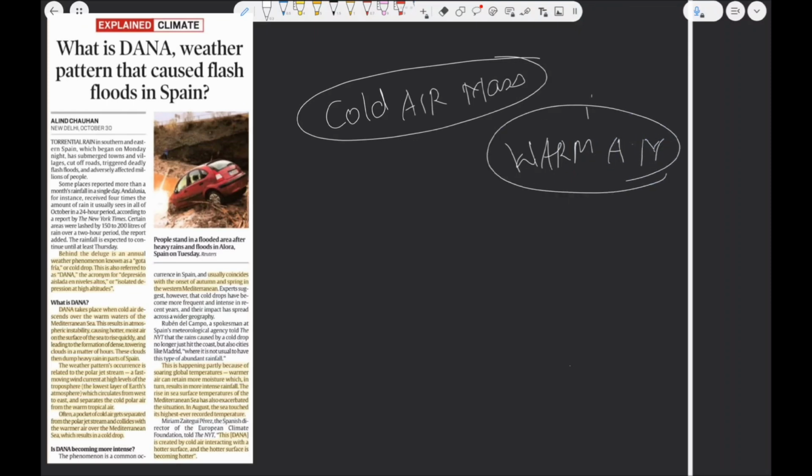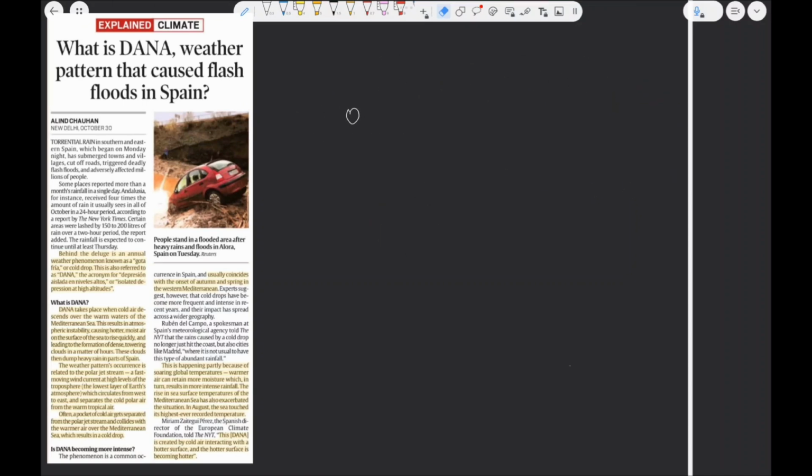Both of them have different characteristics and different features, and when they interact, they give rise to various weather phenomena. Now, what happens when two different air masses collide with each other? When two different air masses, like warm air and cold air, collide, see, warm air always wants to go up. Warm air always wants to go up.